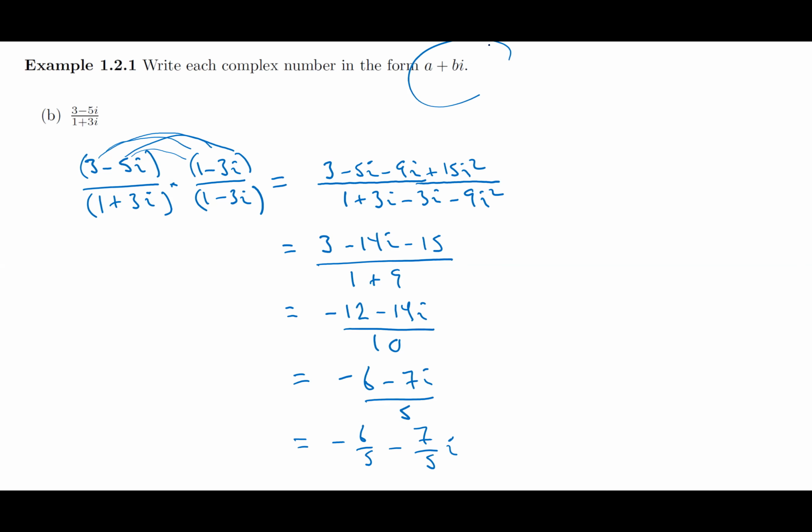We now have the form a plus bi. So kind of interesting that when I multiplied 1 plus 3i times 1 minus 3i, I wound up with a real number, no longer complex, no longer with an imaginary part. Taking advantage really of the fact that the 3i's are going to cancel each other out.